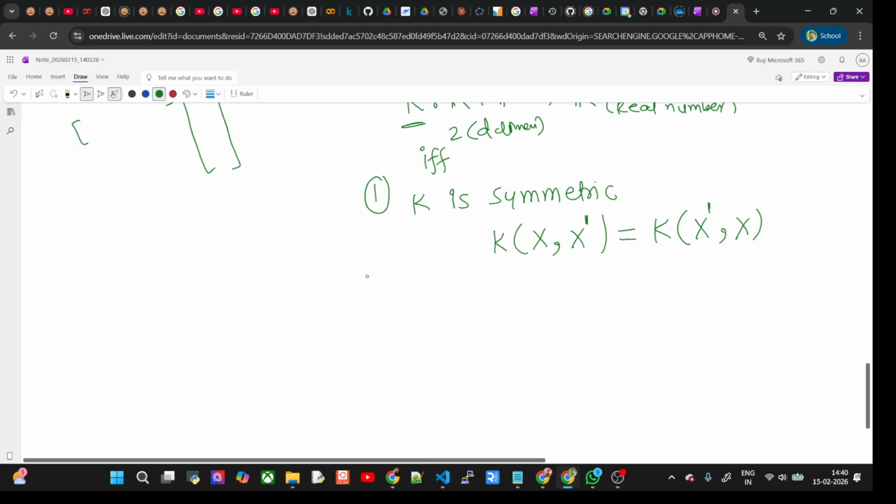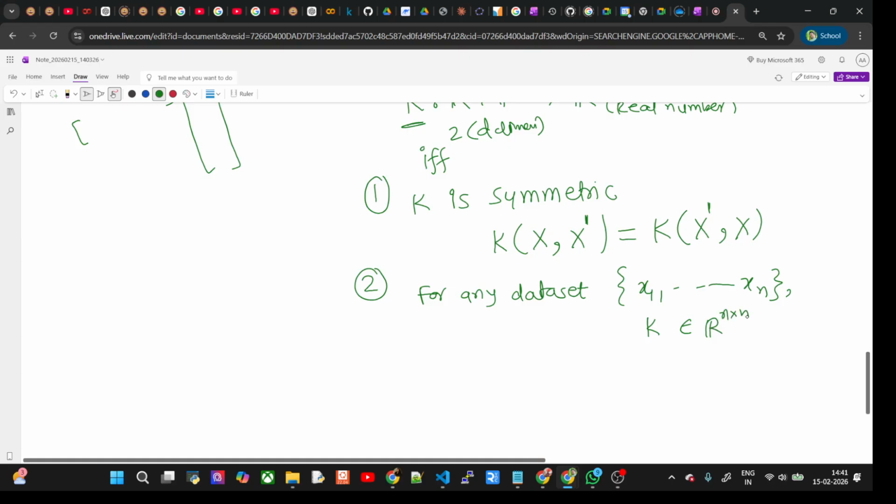The second condition is for any data set x1 till xn, where k belongs to R n cross n.